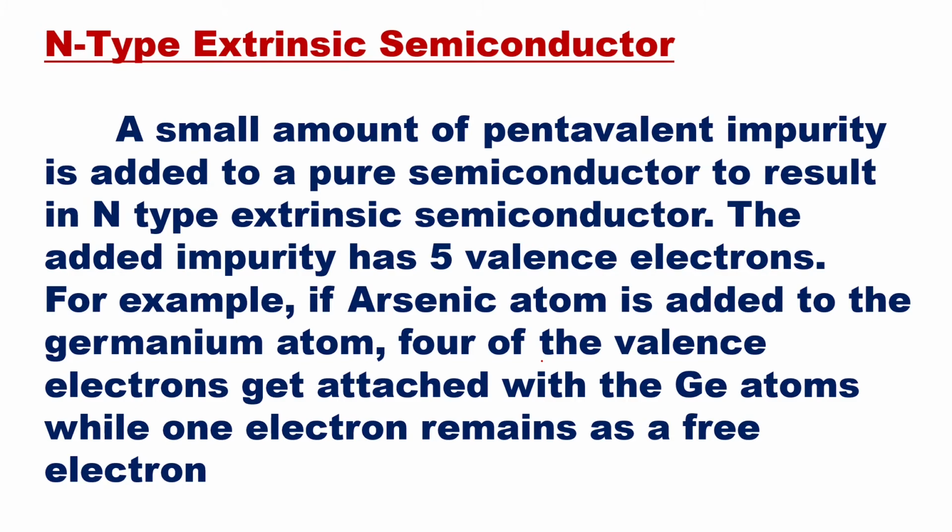So we can generate more extra free electrons by adding this impurity, and because of that, this material where we add pentavalent impurity is called N-type semiconductor, because there are more electrons in it.